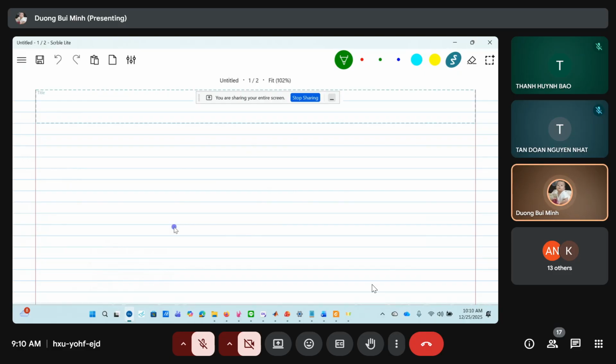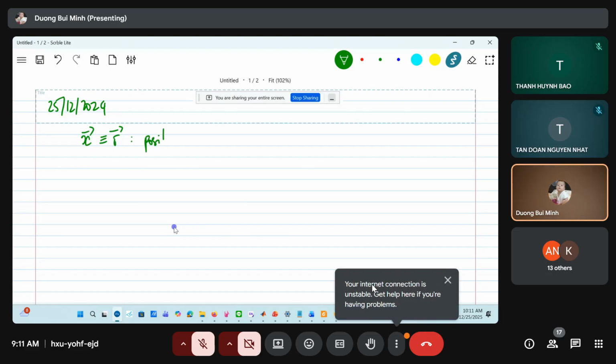In the last lectures we discussed displacement, right? We have x, or sometimes we say r. This is position or displacement.